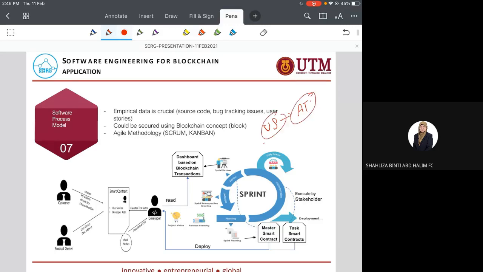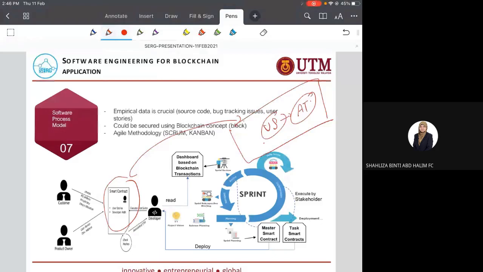This one you can actually develop as a smart contract, a smart contract for the user story and acceptance test. The smart contract for user story and acceptance test must be validated by all the stakeholders: the customer, the product owner, the stakeholder, the developer, and so on.